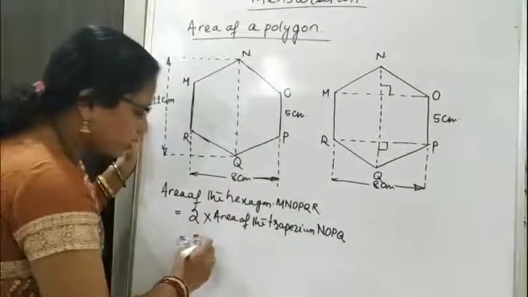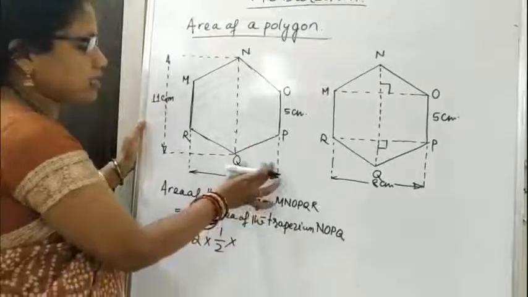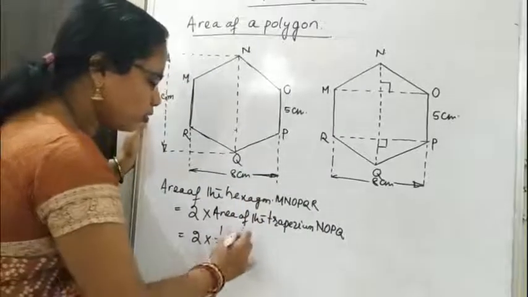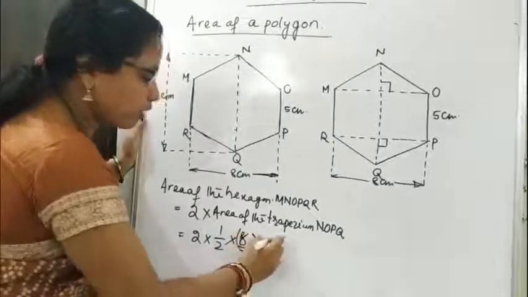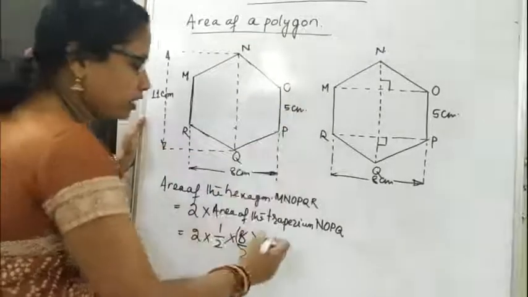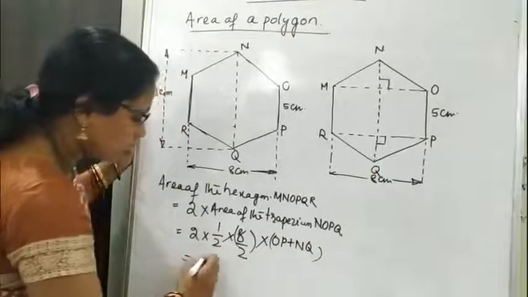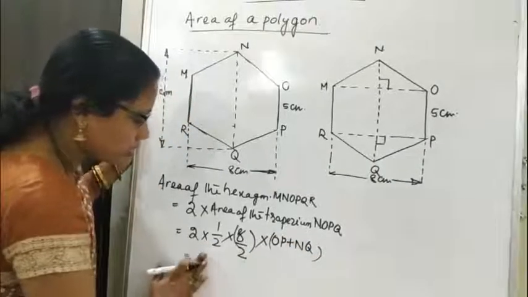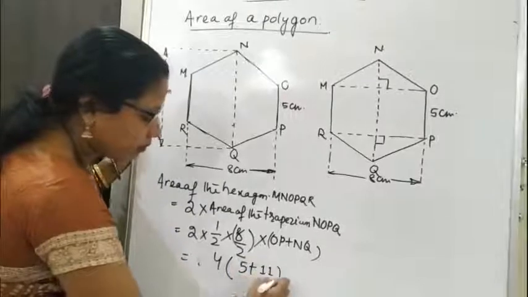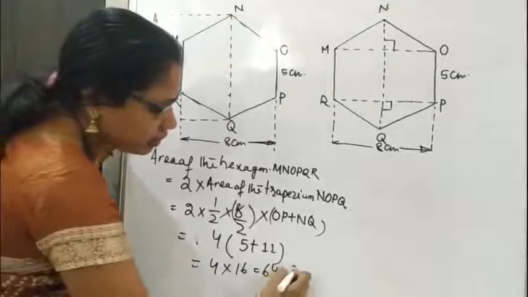We know that it is half into the height of the trapezium, multiplied with the sum of the two parallel sides. The height is 8 cm, so half into 8 is 4, multiplied with OP plus NQ, that is 5 plus 11. That is 4 into 16, that is 64 centimeter square.